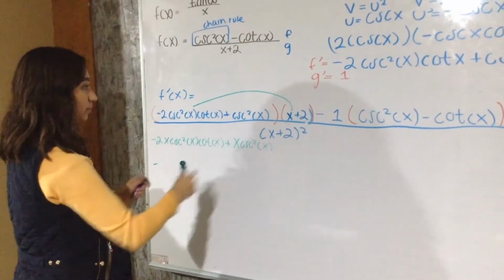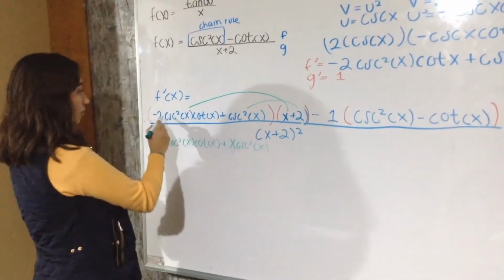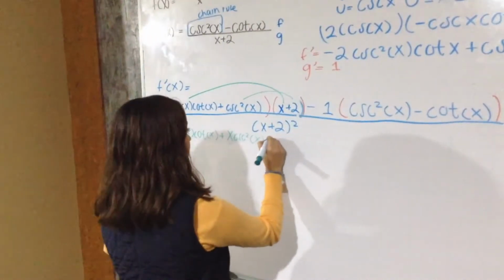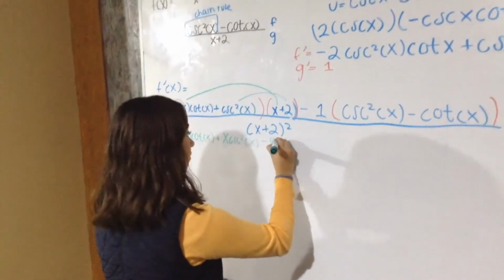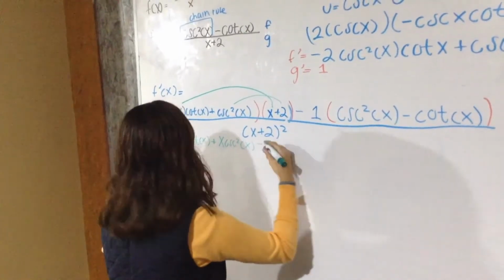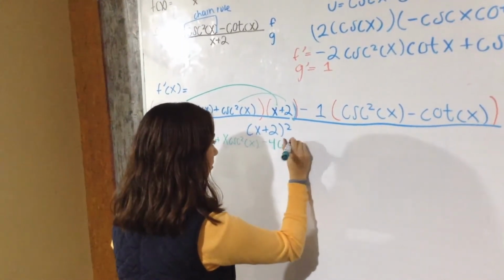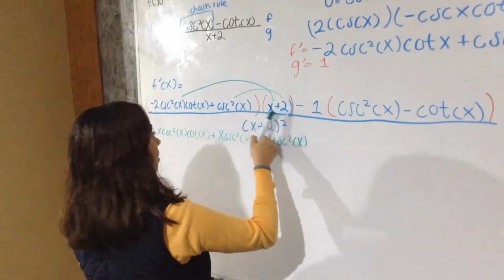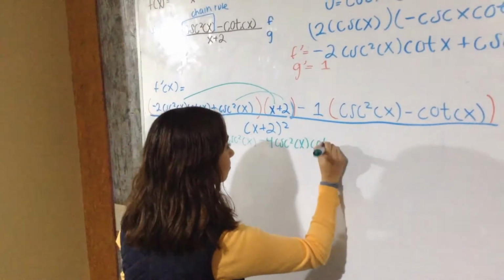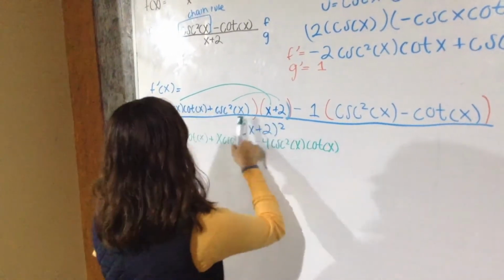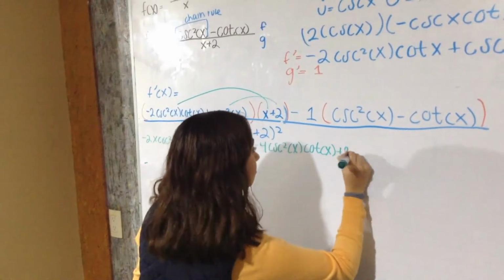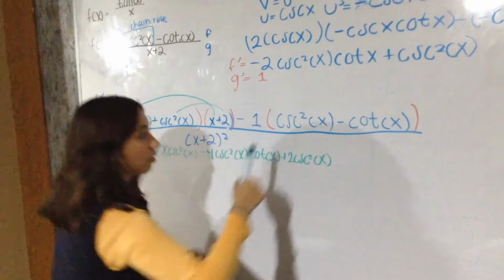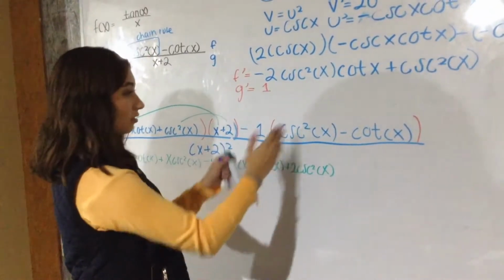Now goes the number 2. First, I'm going to multiply this term by the number 2, and it's going to give this is a 4. Now we are going to multiply the second terms.